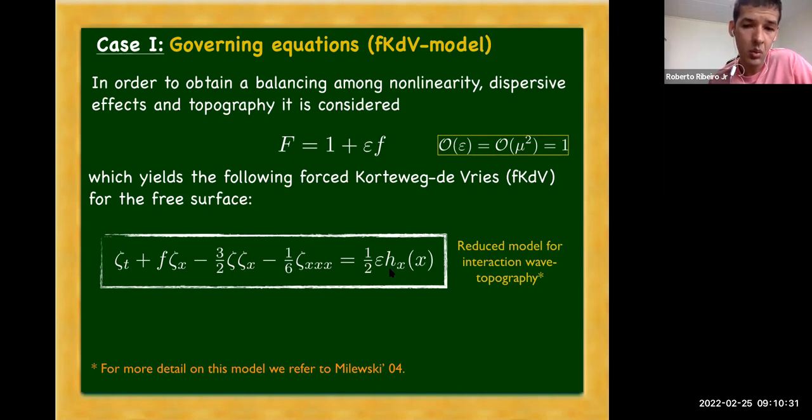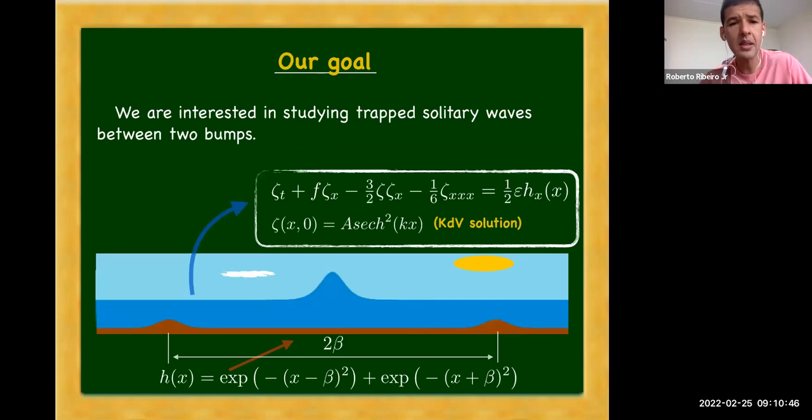Observe that when h, the topography, is equal to 0, we have the classical KdV equation. So basically, the aim of this part of the talk is to study trapped wave solutions for the case in which the dynamics of the free surface is governed by the fKdV equation.